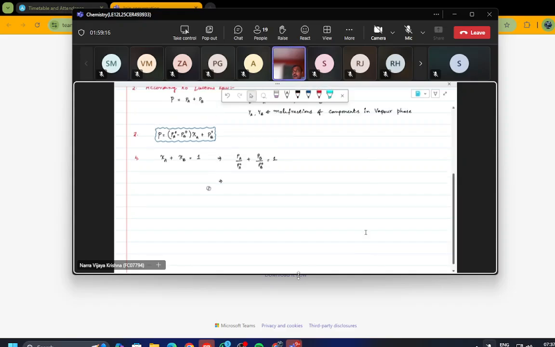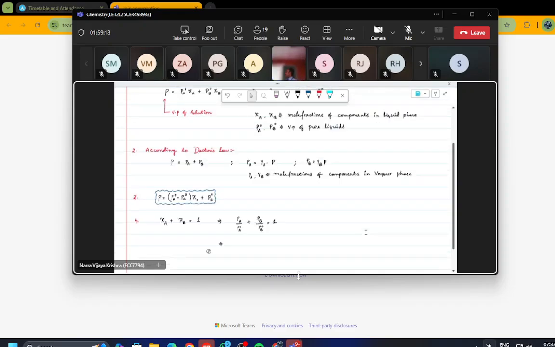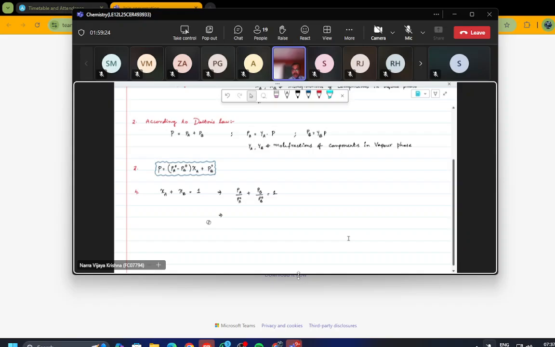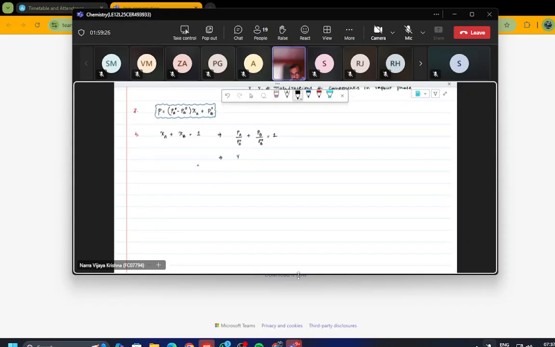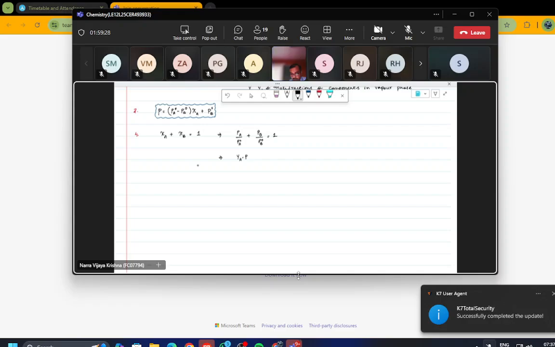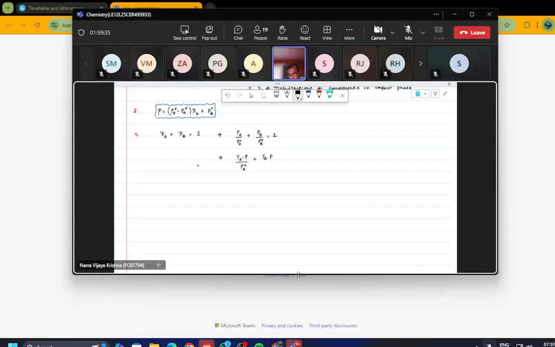According to Dalton's law, what is PA? YA into P. So instead of PA, I am writing that. YA into P upon PA naught plus YB into P upon PB naught is equal to 1.